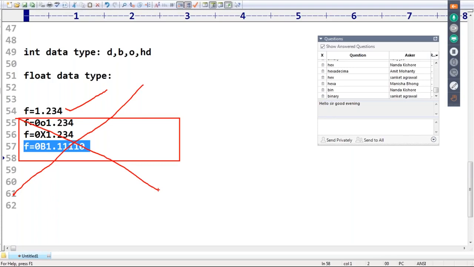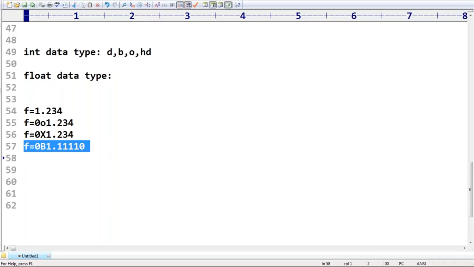The reason for that is floating point values you can represent only in decimal form. Octal, hexadecimal, binary, such type of terminology is not applicable. By mistake, if you try to specify, immediately you are going to get a syntax error saying invalid syntax. Only the first one is valid, sir.